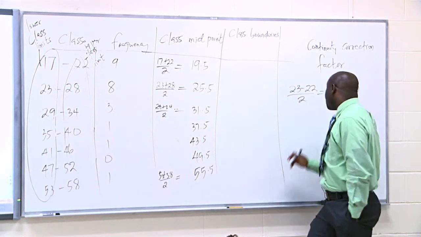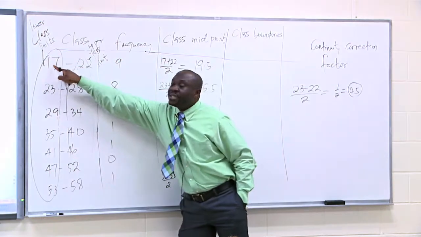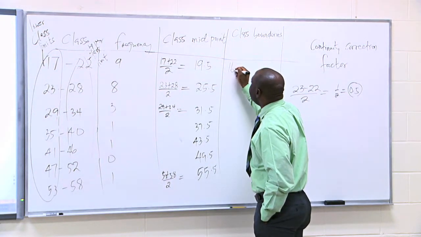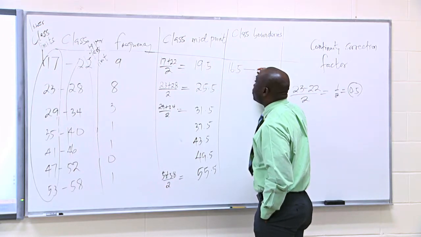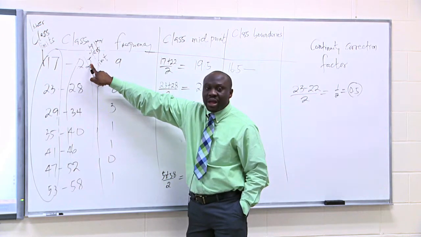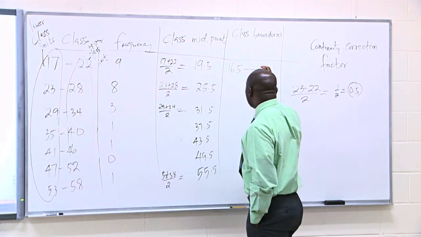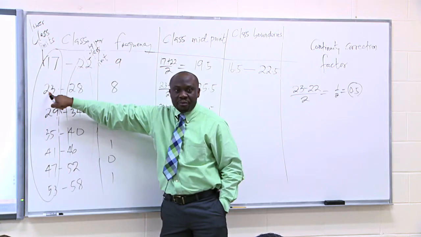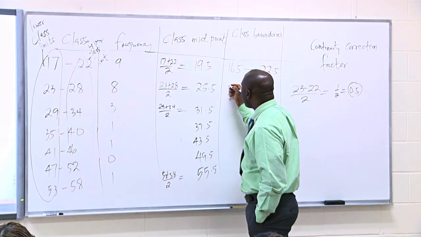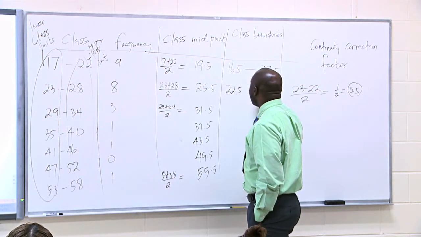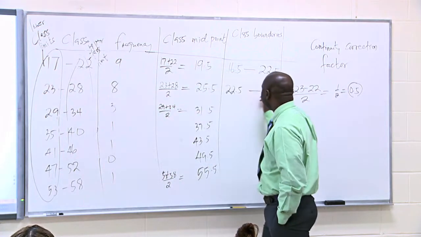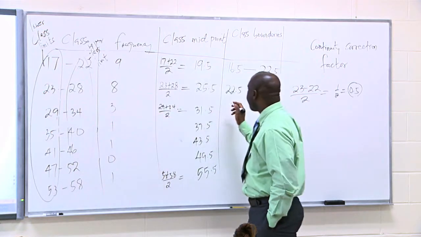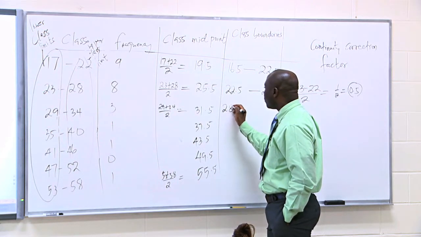So what am I going to do? I'm going to subtract 0.5 from 17. What is 17 minus 0.5? It's 16.5. Then you add it to the upper: 22.5. Subtract from here. What does that give us? 22.5. Add to the upper. Subtract from there. 28.5.